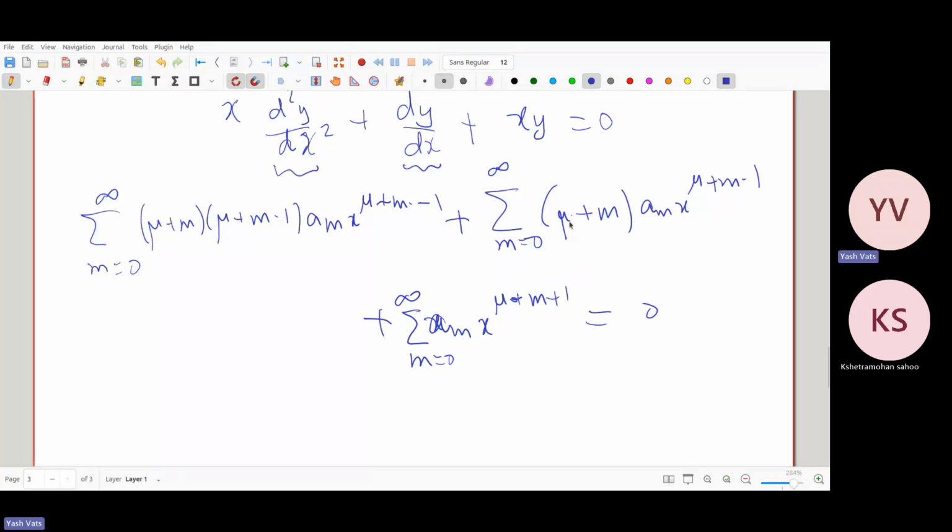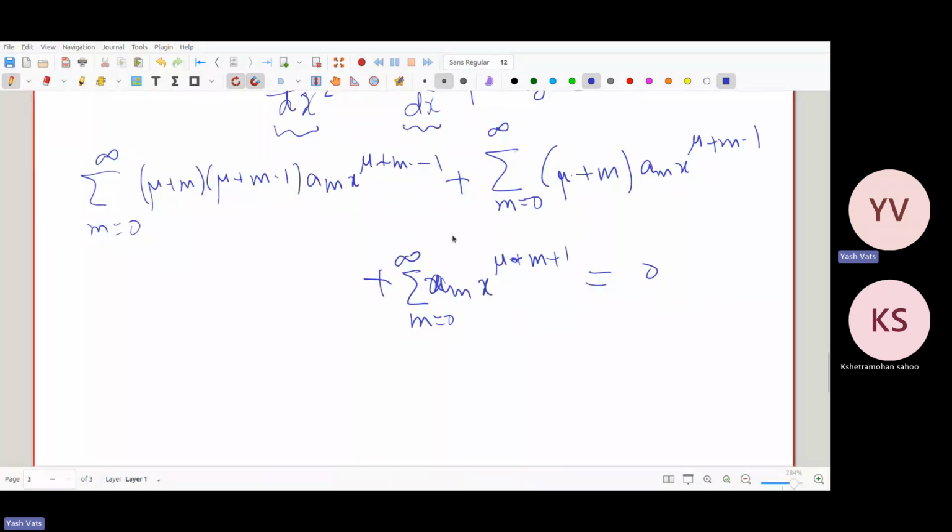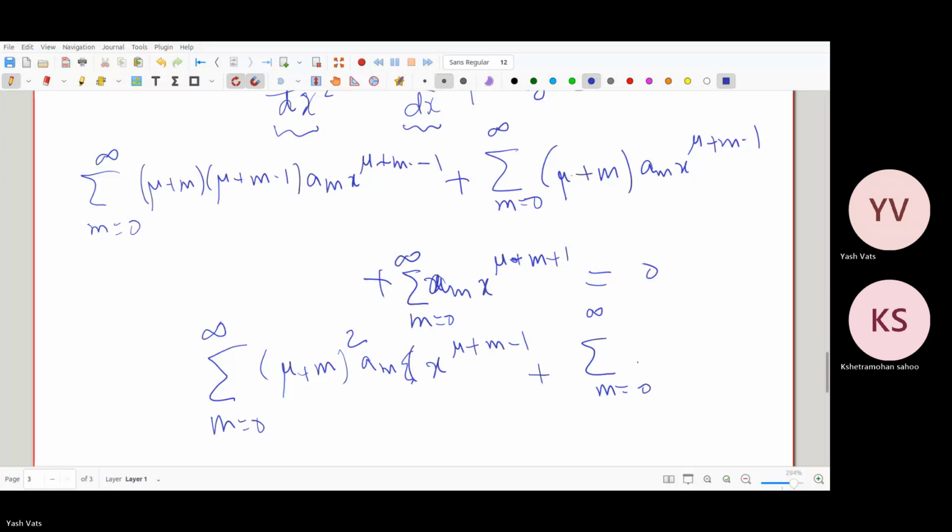So you can take the first two terms together: if you combine them and take out the common factor, you get (mu plus m) squared, times x to the power mu plus m minus 1, plus the summation m equals 0 to infinity of a_m x to the power mu plus m plus 1 equals 0.